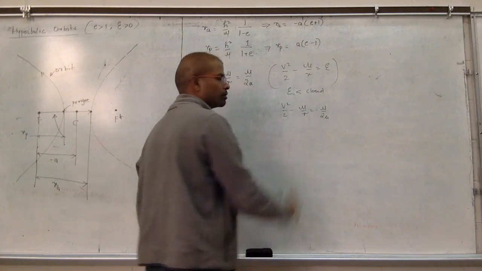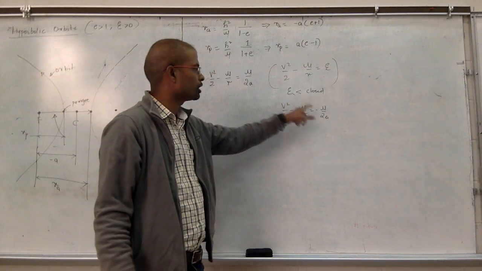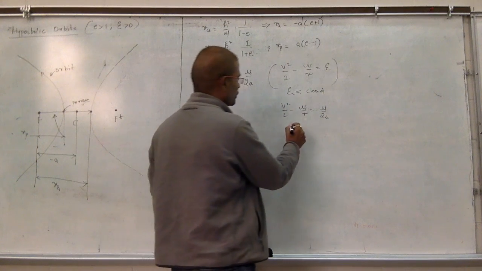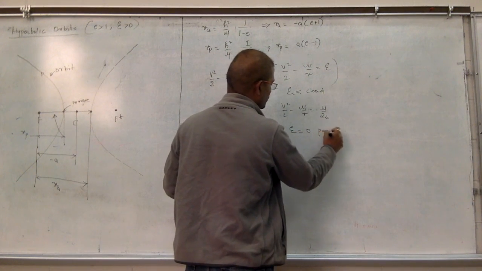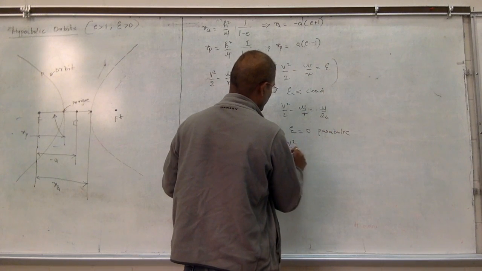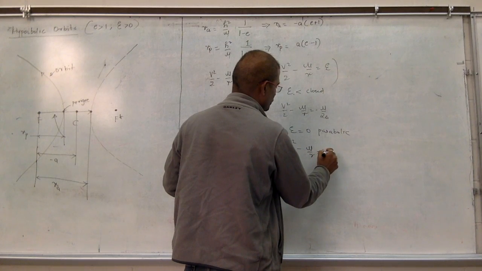We proved this, because this proves that epsilon is negative. Epsilon is equal to 0 for a parabolic orbit. So it becomes v squared divided by 2 minus mu over r is equal to mu over 2a.